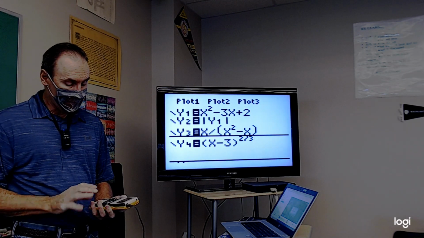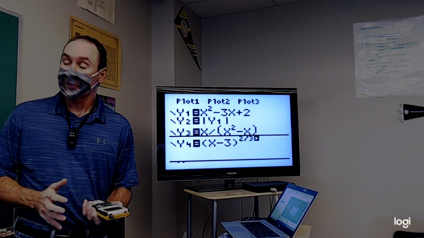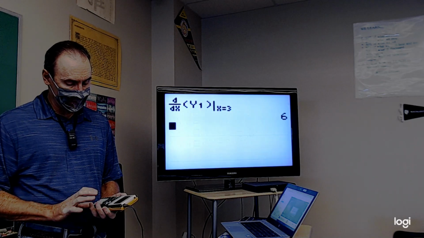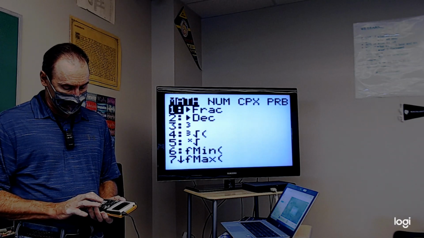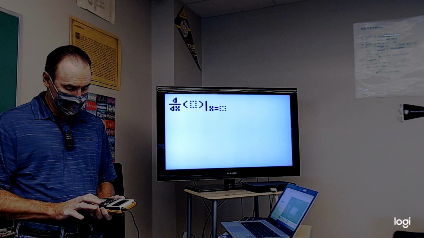Okay, now, what we can do here on the end derivative is easy enough. So you're going to just go to the home screen, so second mode, and you can go to math, 8, and we can do the derivative with respect to x.